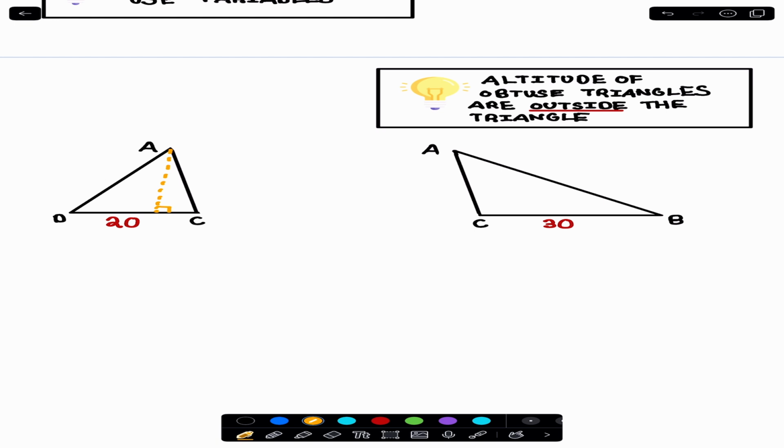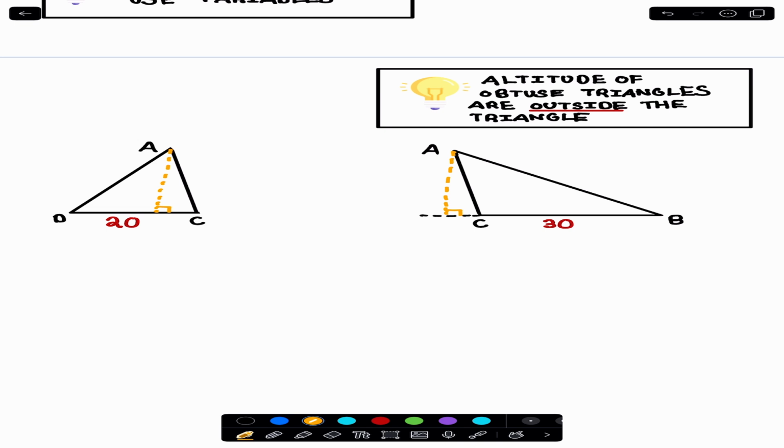Now for this bigger triangle, triangle ABC, we're going to drop an altitude from point A. And I want you to remember that this handy little tip over here tells us that altitudes of obtuse triangles lie outside the triangle. And that's because we're just going to have to extend side BC so that the altitude can actually meet it over here.